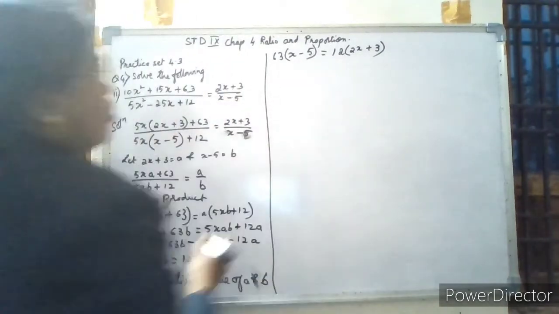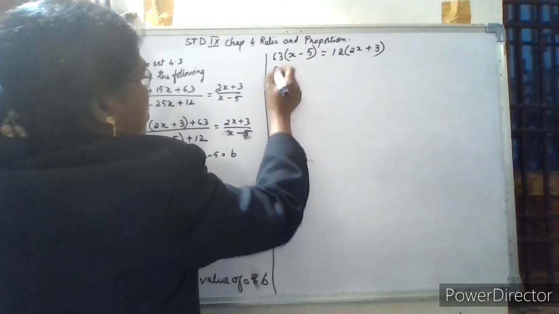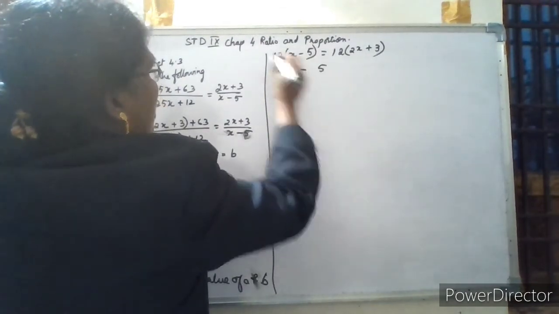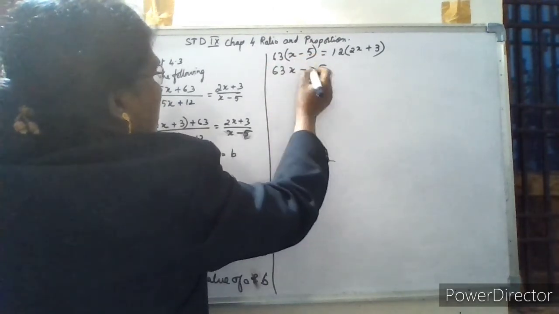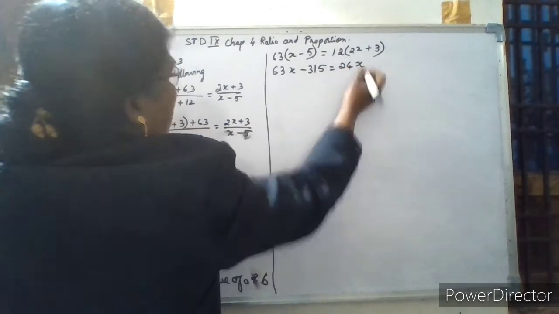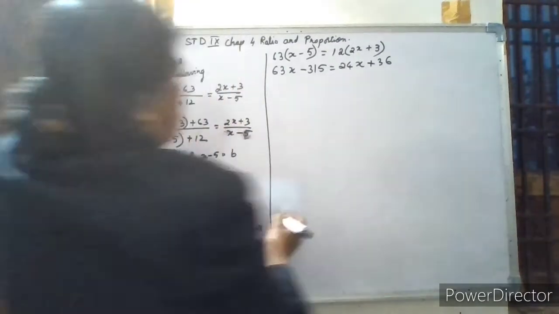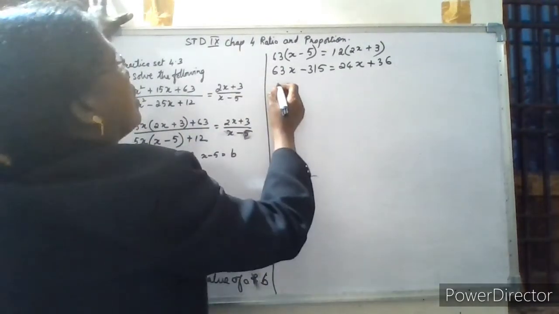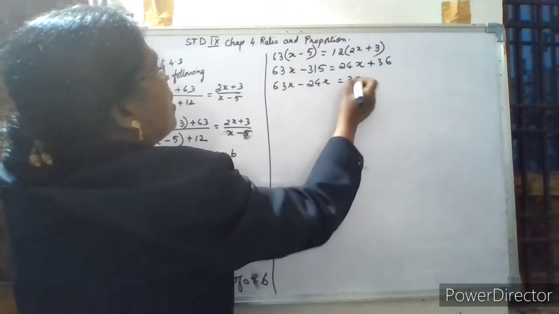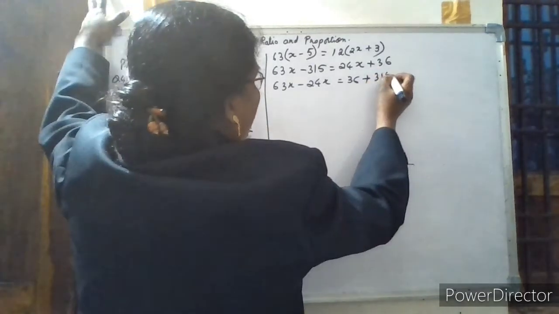Now do the cross product and open the brackets: 63x minus 63 times 5, which is 315, equals 12 times 2x, 24x, plus 12 times 3, 36. Now bring the x terms to one side: 63x minus 24x equals 36 plus 315.